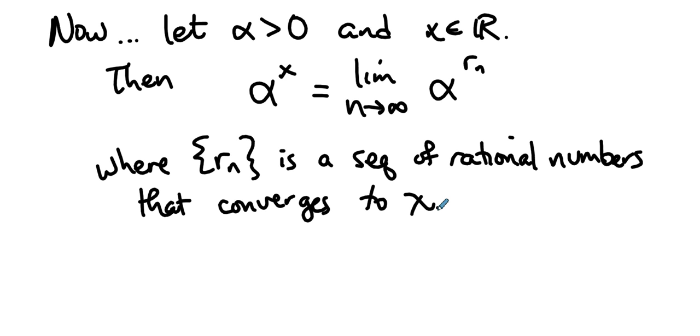In the same way that we defined every real number as a Cauchy sequence of rational numbers that converges to that x, we are going to define alpha to the x as the limit of a sequence where we generate x by taking a sequence of rational numbers that converges to x.